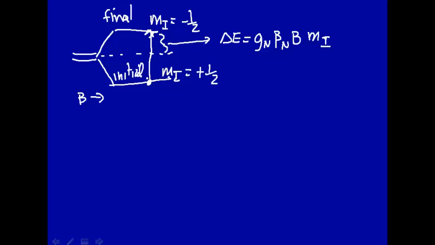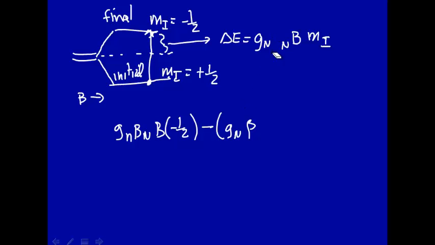The total splitting will be the final state, which is g sub n, mu n, B times minus 1/2, minus the initial state, g n mu n B times plus 1/2. I keep writing beta, but we're using mu as the symbol for the nuclear magneton, so we'll put a mu there to be consistent with our previous notation, mu n for nuclear.